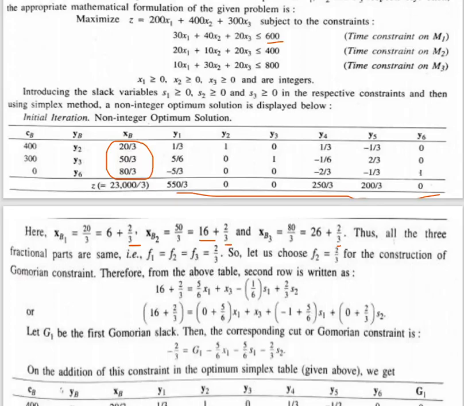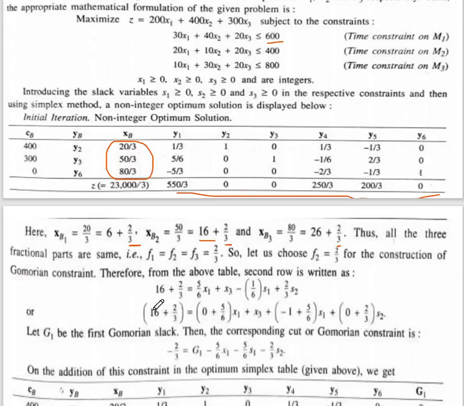So from this we can choose any one of them arbitrarily. Let us choose f2, which is 2 by 3, for the construction of the Gomorian constraint. Now we will construct the Gomorian G1.